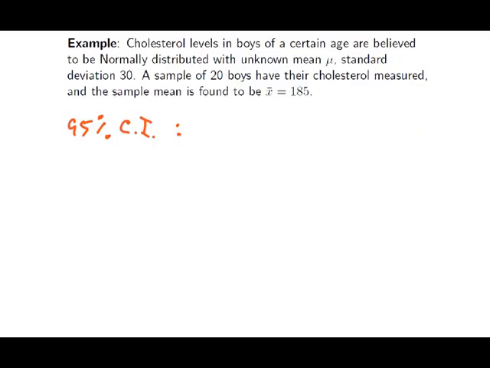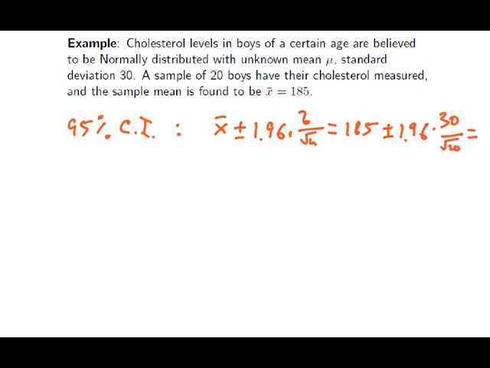then this is found as x bar plus minus 1.96 times sigma divided by square root of n, which is x bar is 185 plus minus 1.96 times the standard deviation 30, and n, the sample size, is 20, square root of 20.